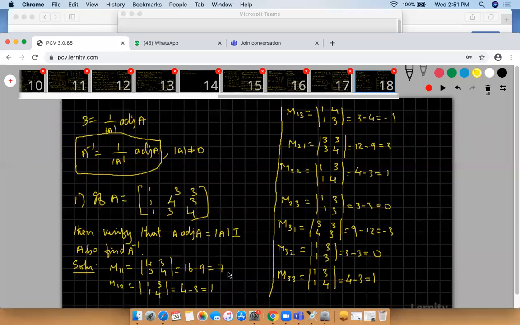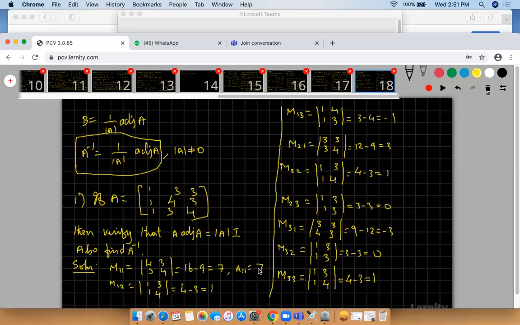Now I'm going to find out the cofactor. What is the cofactor? Cofactor of this element. If the sum of this suffix, 1 plus 1, is 2, 2 means you multiply this minor by plus. Okay, you will get that cofactor.